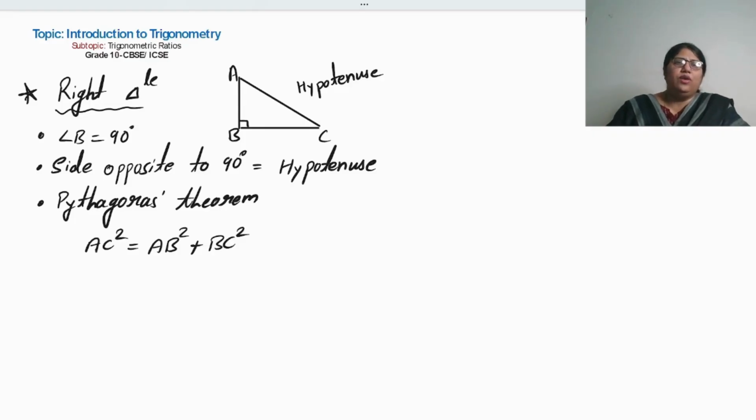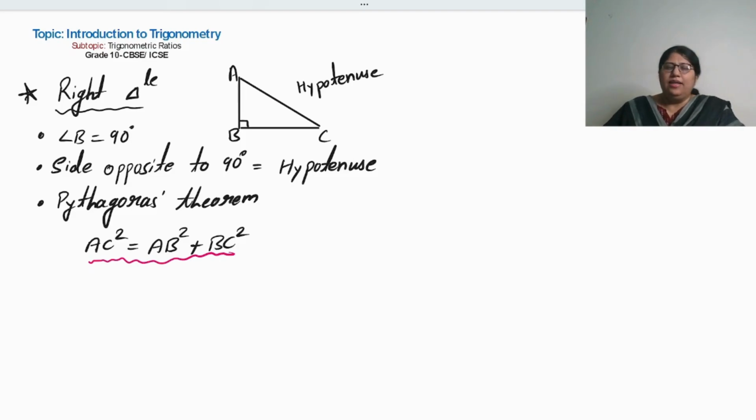This rule we use to identify unknown measures. When any two sides are known, you can find the length of the third side, right? But what happens if I don't have the lengths of two sides? How are you going to find the measure of an unknown side when one angle is given and one side is given?